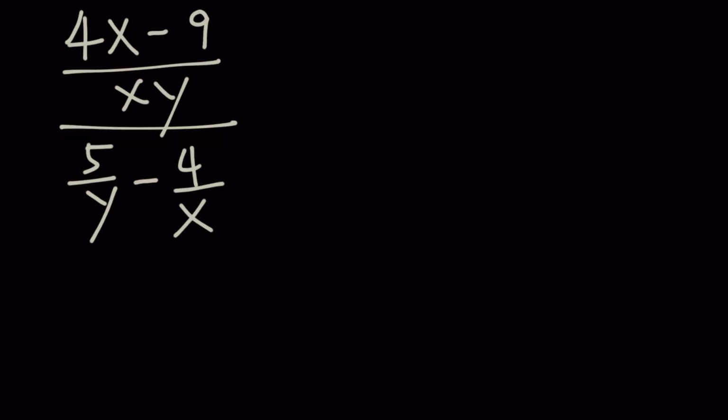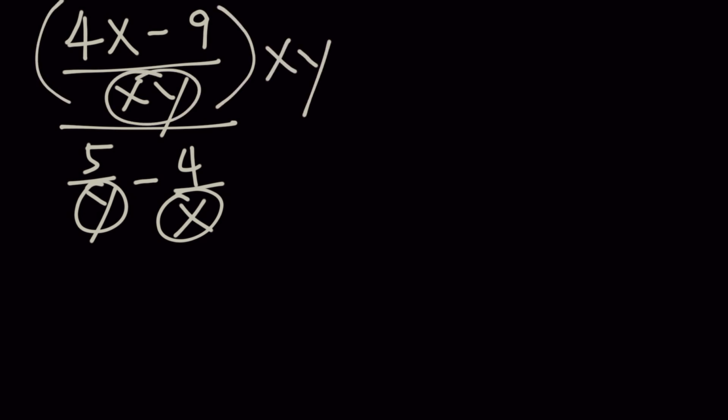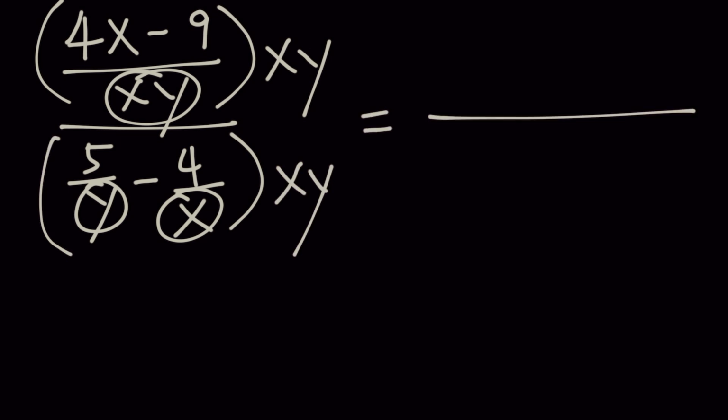Let's try another one. For this example, we have x and y. So what we will do is multiply the numerator by xy and the denominator by xy. So we got xy crosses out with xy, and then we have 4x minus 9 on the top.